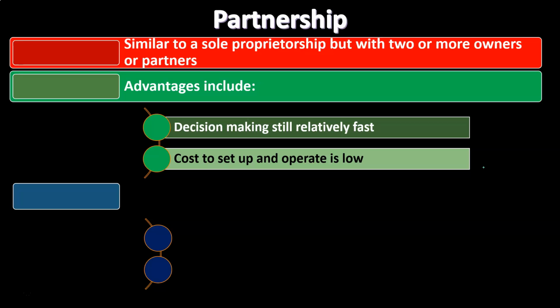Now, however, with a partnership, it's going to be a little bit more difficult for the decision-making process as well, because now if you have two or more people, you have more of a committee that you're going to have to make the decisions with. So as long as they're all lined up in the same direction, then that's going to be good.